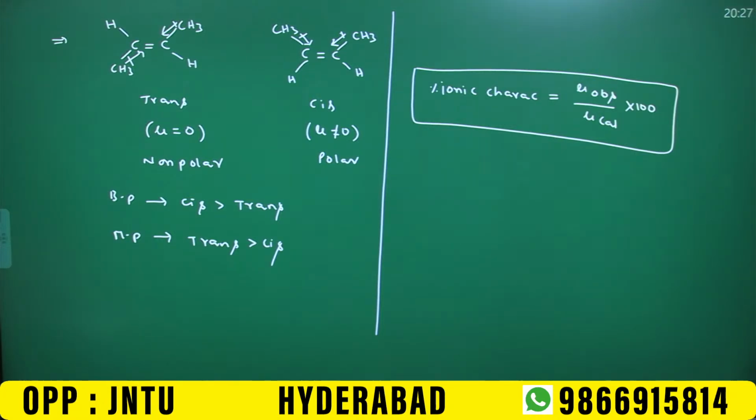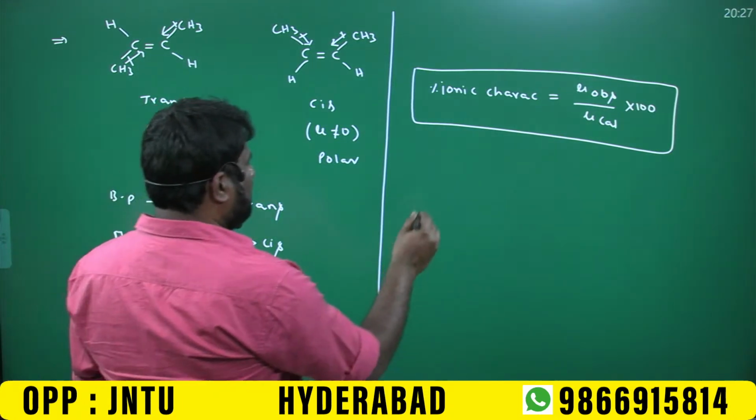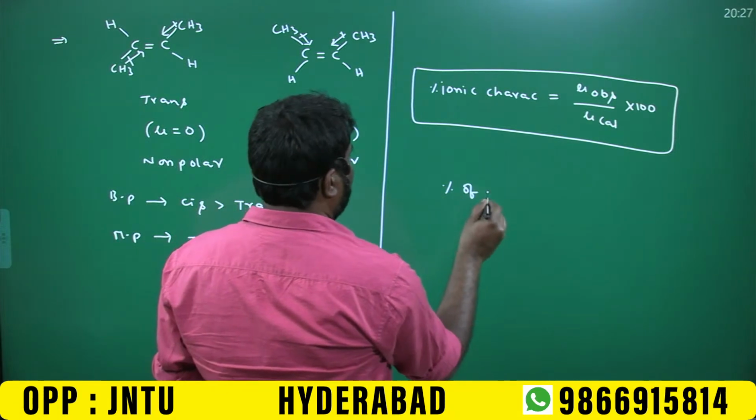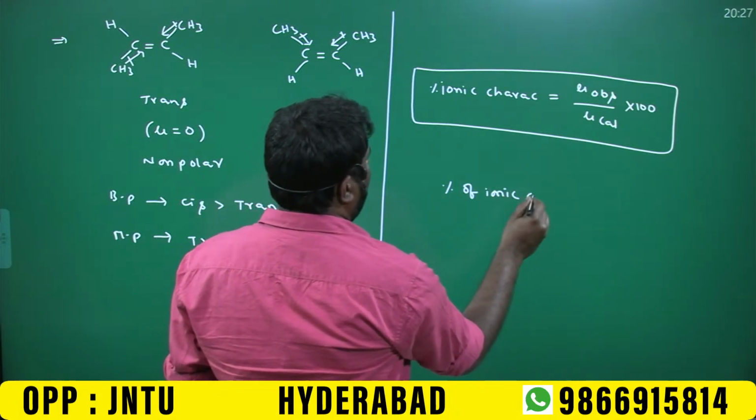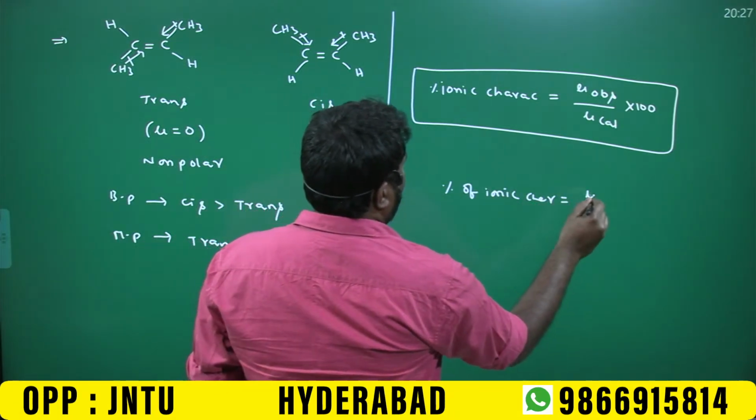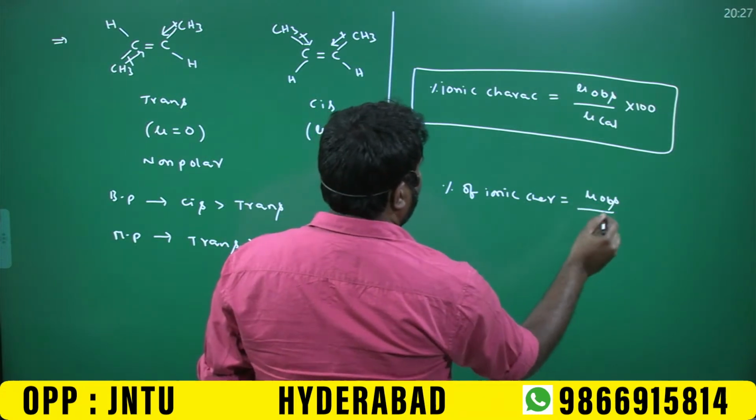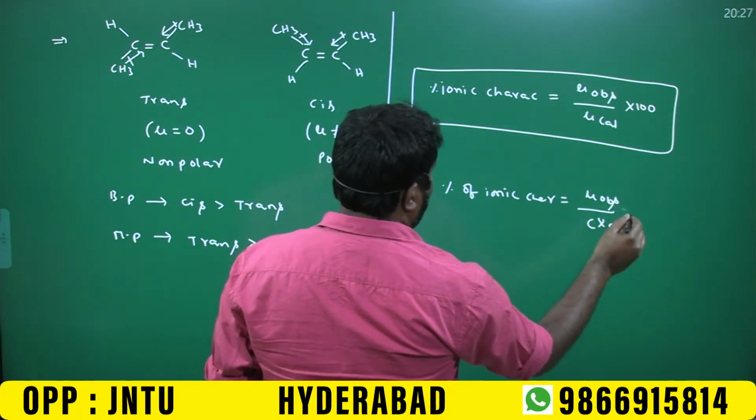Mu calculated means charge into distance of separation, we already told the formula. That means percentage of ionic character equals mu observed by charge into distance of separation into 100.